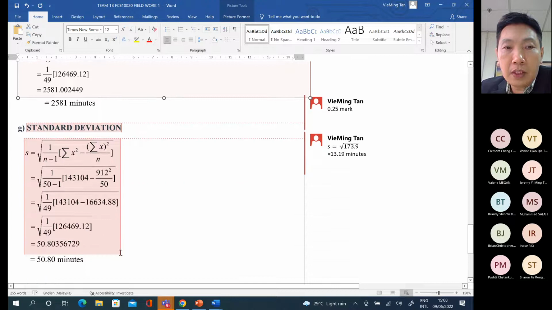For standard deviation, because your S squared is wrong, that affects the overall. So for this section, you can get 0.25 mark because you replaced the N value correctly.